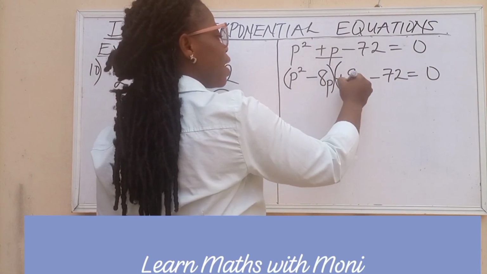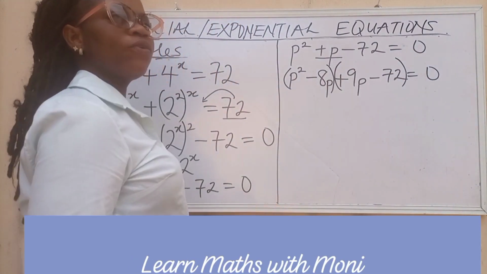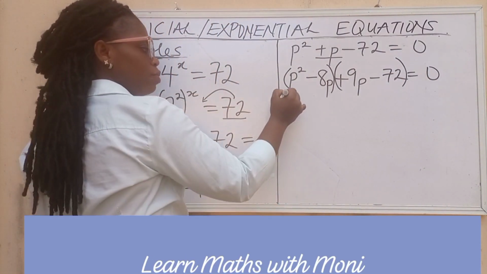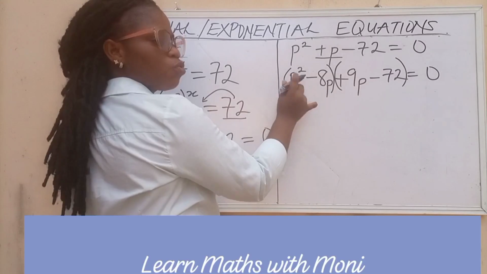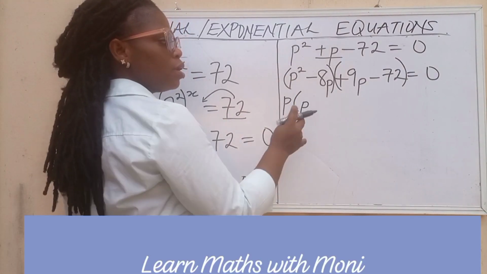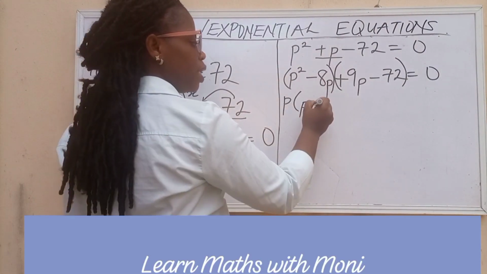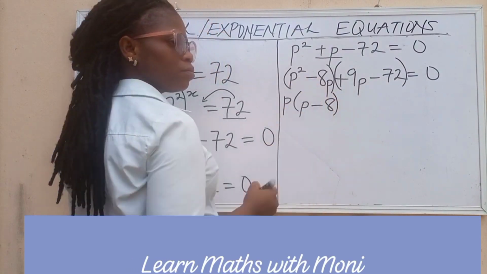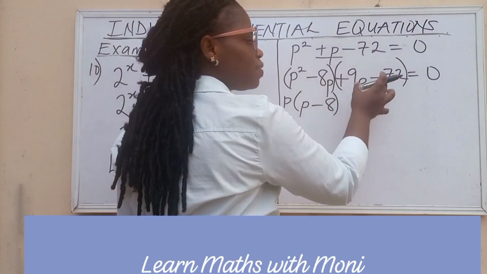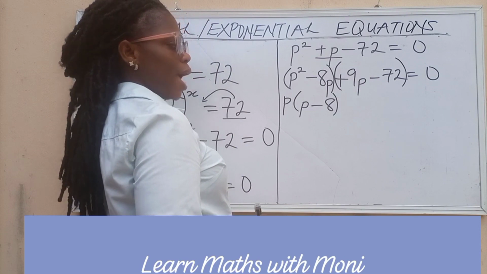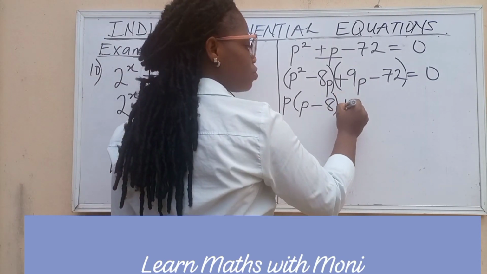Grouping it like this, common to the first bracket is P. P in P squared leaves me with P. P in minus 8P leaves me with minus 8. Common to the second bracket is plus 9. So I factor plus 9 out.